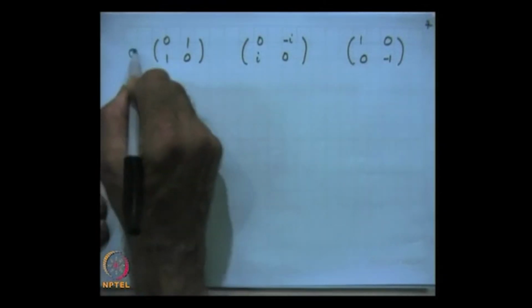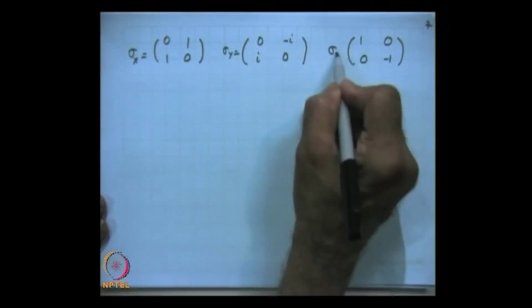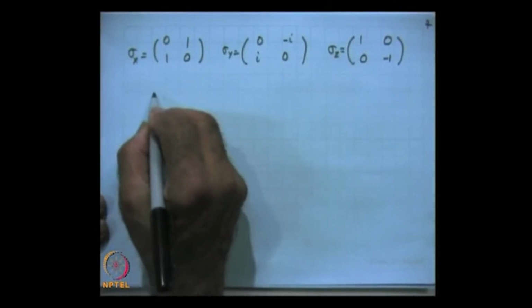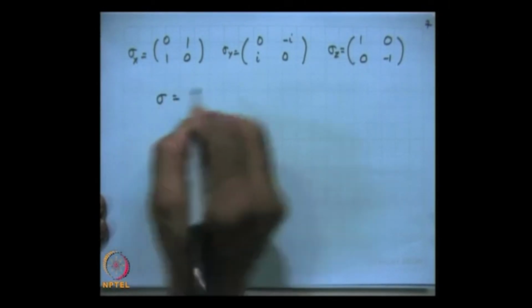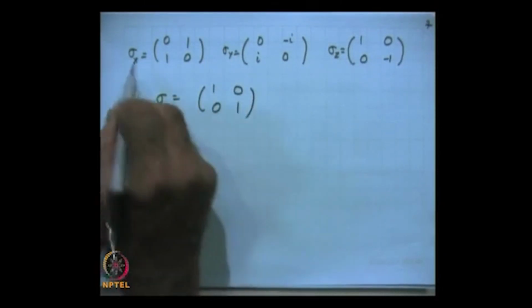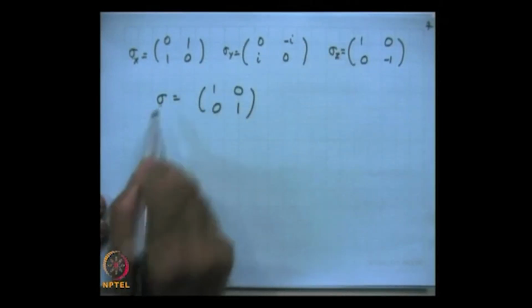They are denoted by sigma x, sigma y and sigma z. However, each one of them commutes with the matrix 1 0 0 1. Sigma x commutes with it, sigma y commutes with it, sigma z commutes with it.